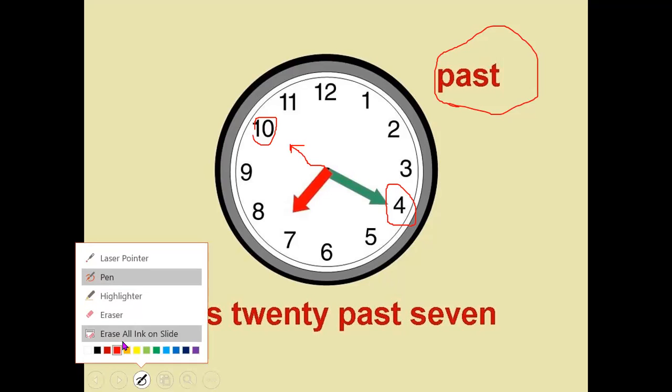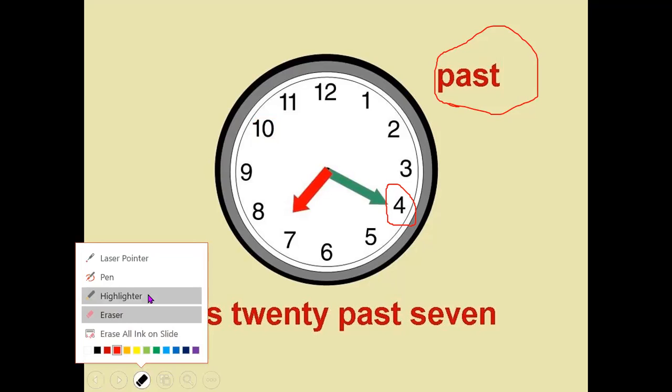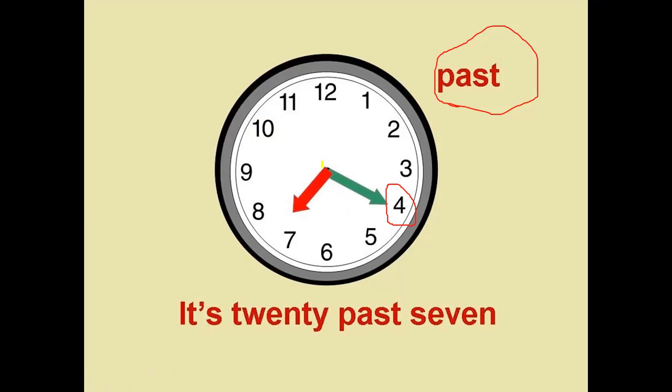Let's erase this one. If I spin the arrow hand to another number on the clock, if I move the little hand to number 2, this is the small hand.